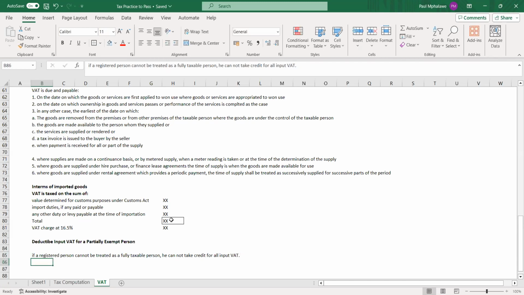Okay, so what should this partially exempt person do? The person is required to work out how much can be claimed using the standard method.